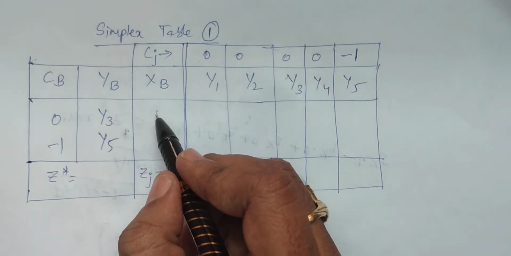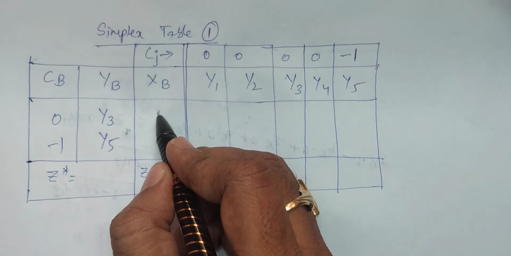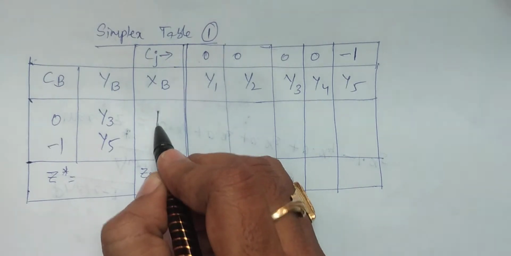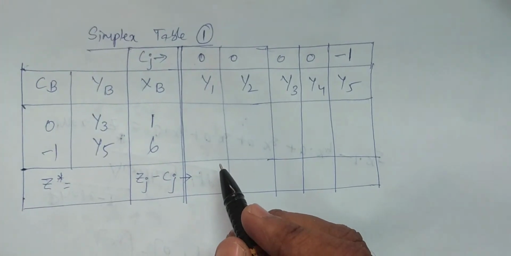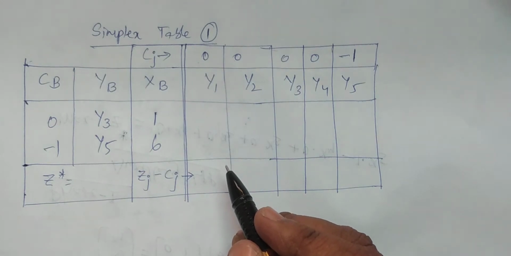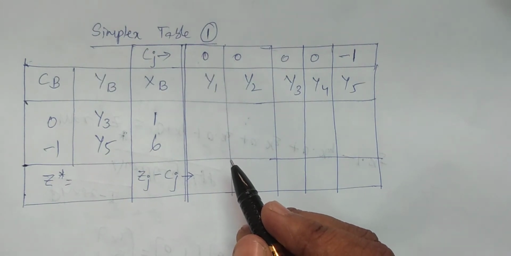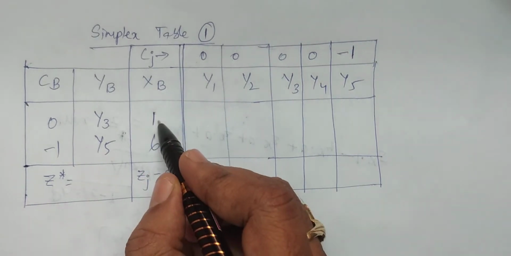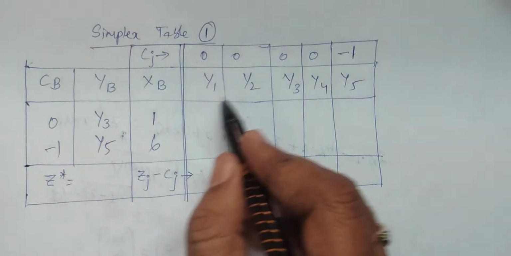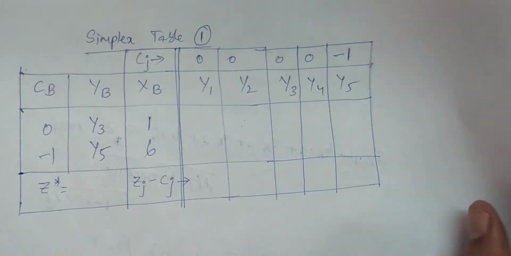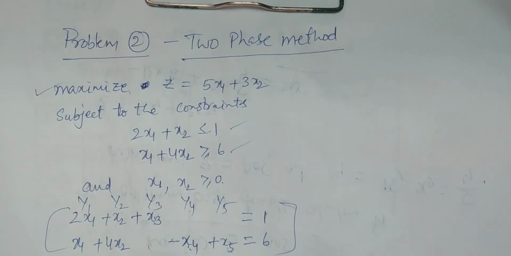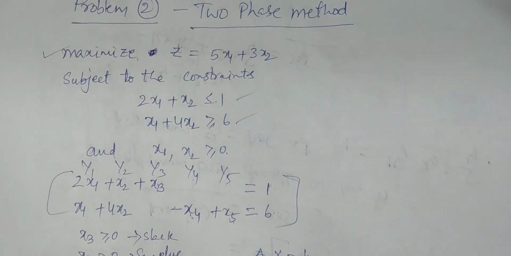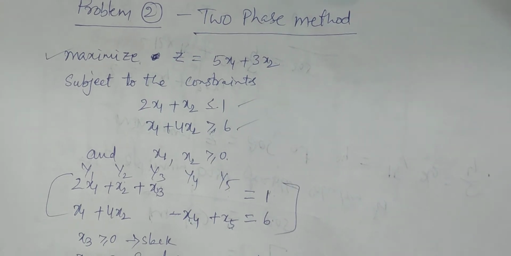And now xb, the first column, we have to enter 1 and 6, the values of the initial basic feasible solution we have calculated. That is xb is equal to b inverse b. It is the value we got, 1 and 6, and y1 y2 y3 y4 y5 are the values we substitute from this particular matrix.